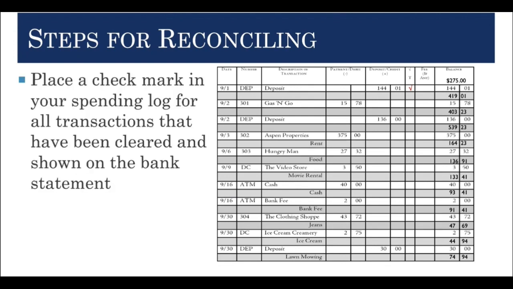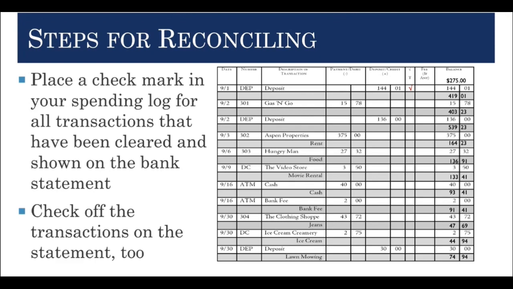All right. So I'm going to go through, and any transaction that appears on my bank statement or appears on my online account information that's also in my own record, whether it's in the check register or spreadsheet or however I'm keeping it, I'm going to put a check mark by that transaction. Right. And then on the statement itself, if I've printed that off or whatever, I can check that off too, just to remind myself I've already taken care of that. Right.